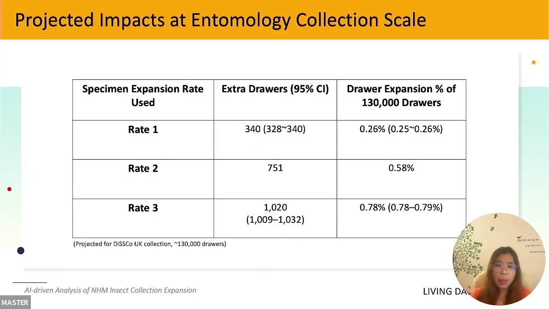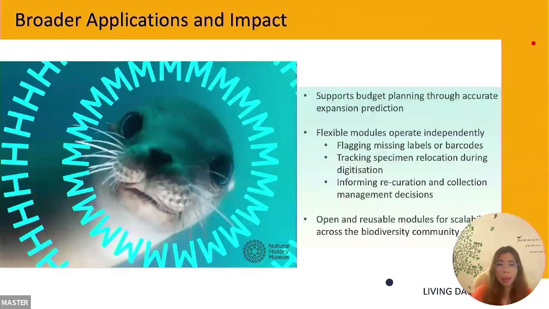After all the statistical analysis, we projected our POC findings to the whole entomology collection, and the result is shown in the tables. Beyond storage estimation and budget planning, every module in our workflow is flexible and can be plugged into our day-to-day digitization operations. For example, tracking missing barcodes, tracking relocation, and guiding recuration or rehousing processes.